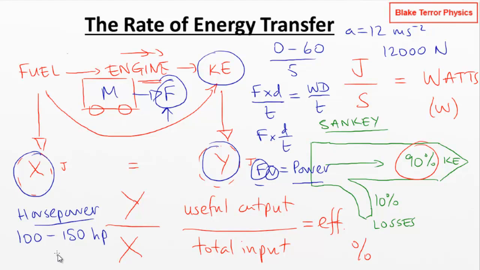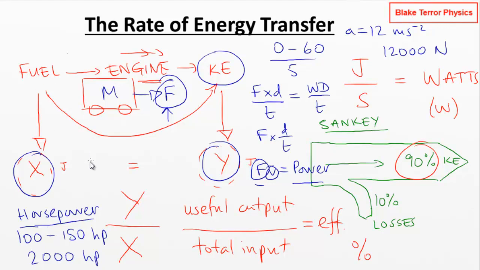So you'll see that as the spec on the engine. I mean, supercars, some of those crazy supercars, they're getting up to around 2,000 horsepower if you're right at the top end. I'm not sure they've quite reached that yet, but they certainly are a lot higher. So this is going back to the old imperial system.